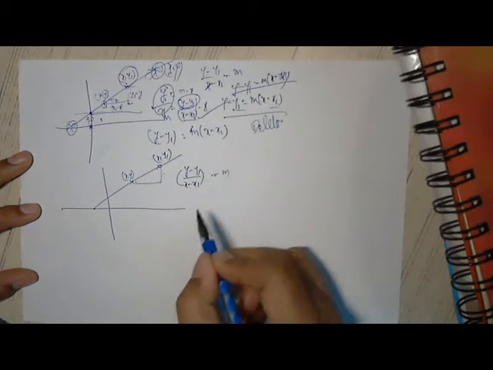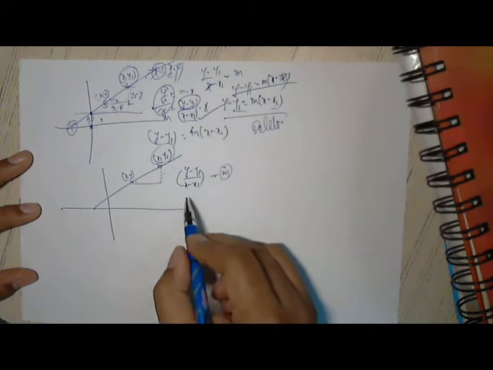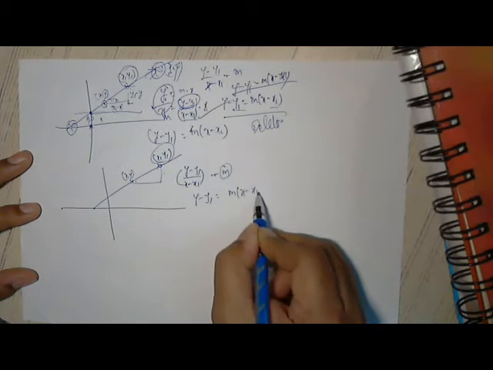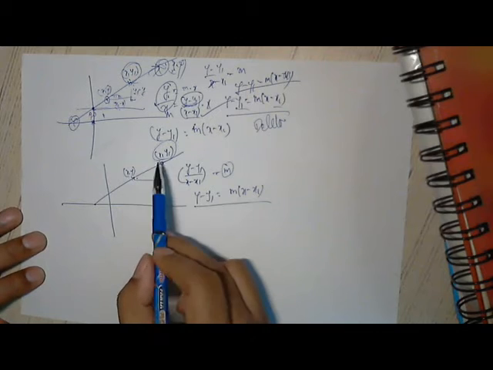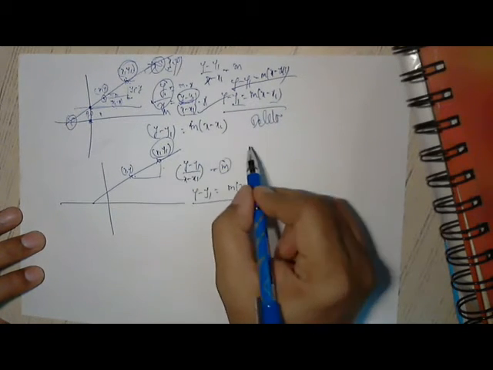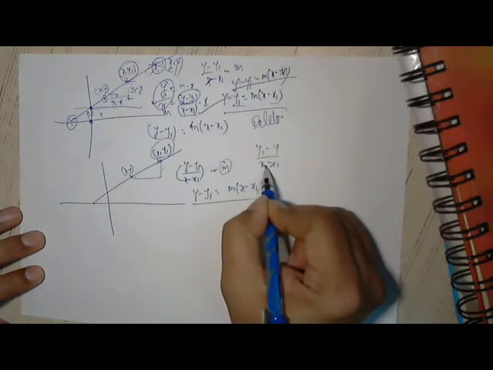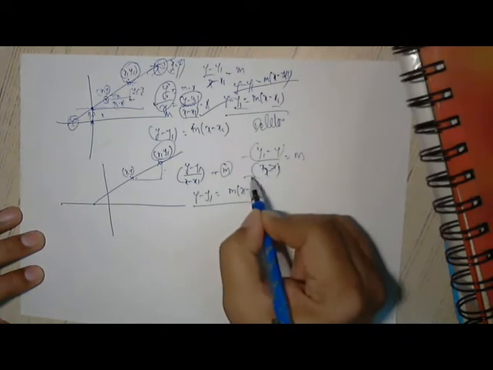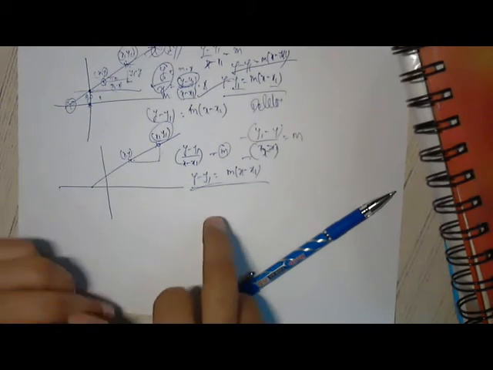This is the slope, and the slope is fixed for the line. The slope is given and I have one point given. So the equation becomes y minus y1 is equal to m into (x minus x1). Simple. Because (y minus y1) by (x minus x1), or we can say (y1 minus y) by (x1 minus x), is equal to m. Putting a minus on both sides, we get our standard form.